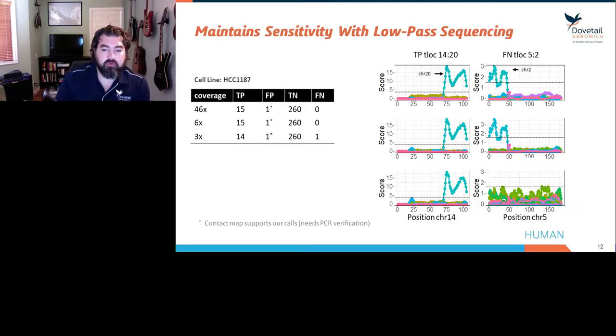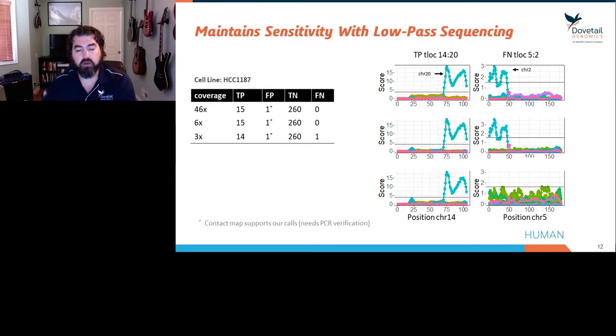And to really call out here the sensitivity of this assay at low sequencing depth, we've taken the same cell line HCC 1187 and we've downsampled from 46x to 6x to 3x coverage and have asked, are we still capturing the same true positive signal, and are we still not calling any false negatives?